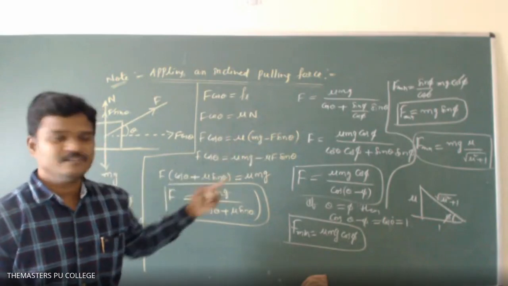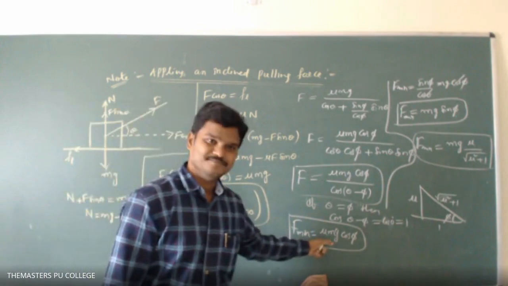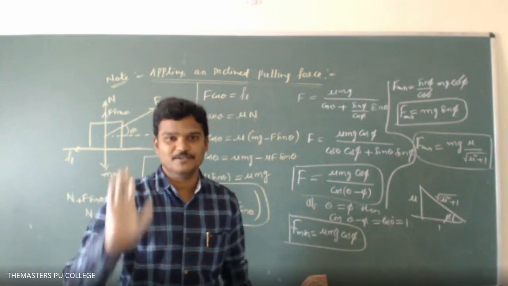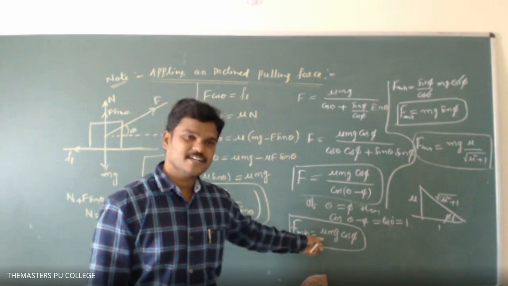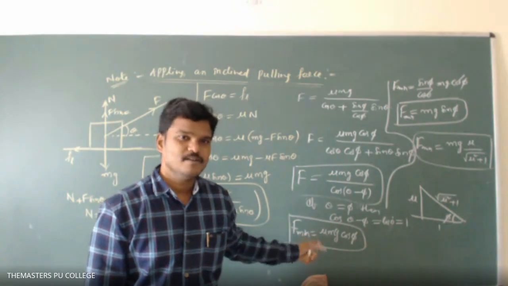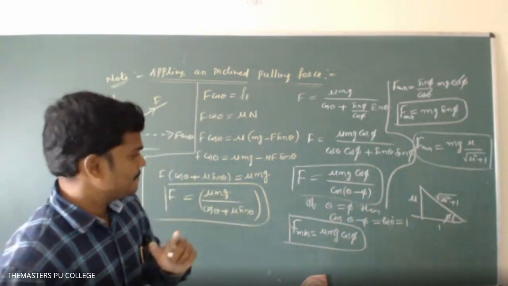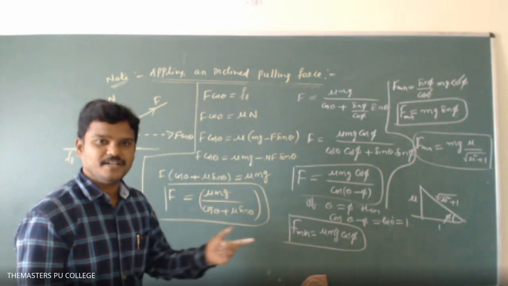If theta is given, you can use this. If phi is given, everywhere they have to give the mu value, then only we can find the minimum force. Mu, m, phi are given.